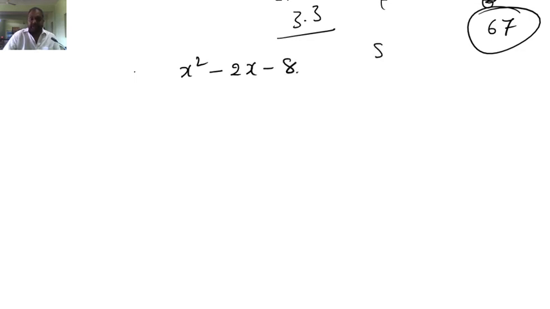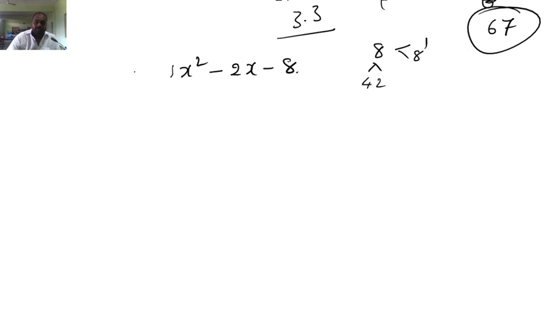8 into the x square coefficient 1 is 8. What are the factors for 8? 4 times 2 is 8. 2 times 4 is also correct, but 4 times 2 and 2 times 4 are both the same. 4 minus 2 is 2.